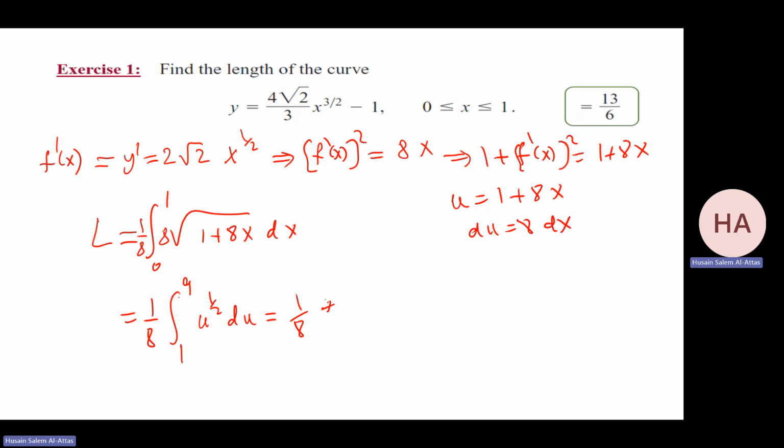That will be 1 over 8 times 2 over 3, u to the power 3 over 2 from 1 to 9. That gives me what? 1 over 12 times, now square root of 9, that will be 27, minus 1.